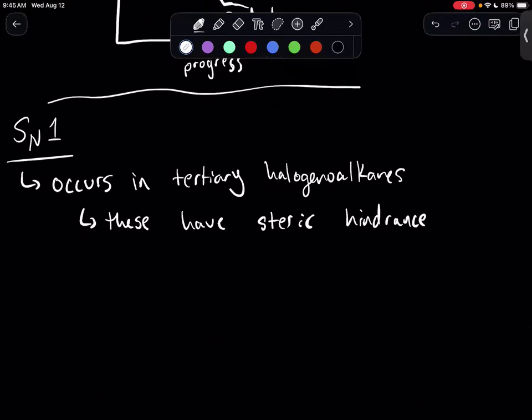When we look at our tertiary halogenoalkane, we have our carbon and our halogen, but we've got some big R group, some big R group, and some big R group. And these are honestly quite large. They take up a lot of space.